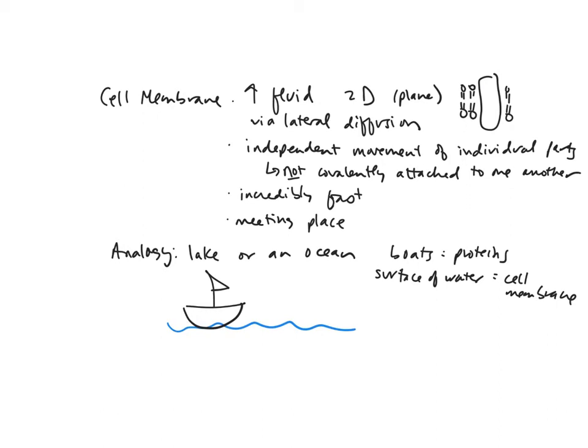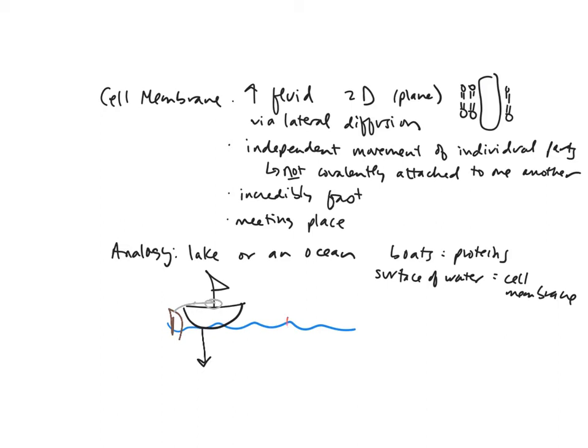It could have an anchor at the bottom of the ocean, or if it were at a dock, it could be tied up. These are some of the ways that cells can organize different components: through anchors or tethers or some other mechanisms. Another way that we can subdivide a lake is using ropes and buoys.